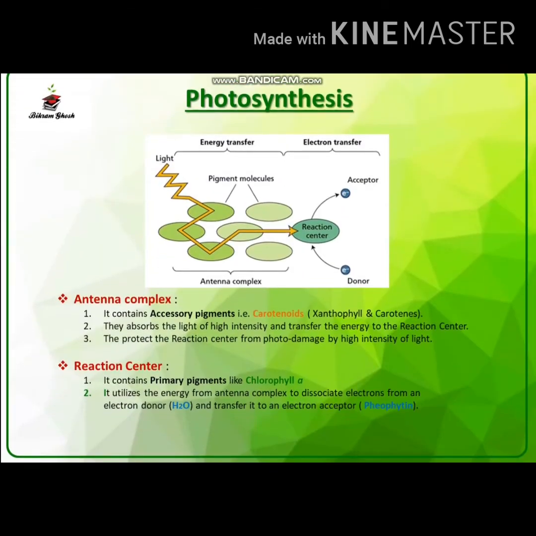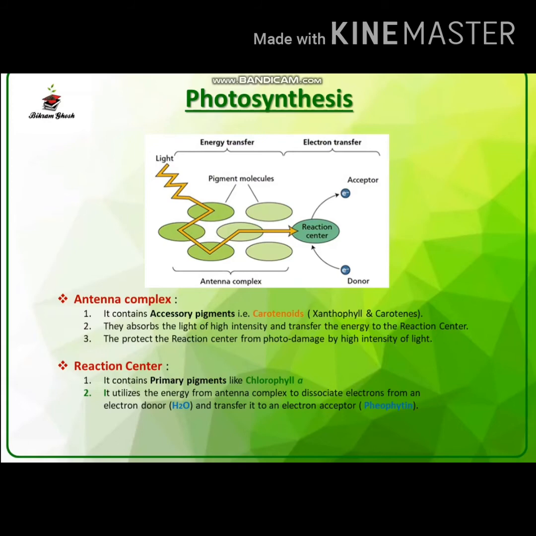So these pigments form a complex structure inside the chloroplast. First is the antenna complex. It contains accessory pigments, that is carotenoids, which contain xanthophyll and carotenes. They absorb the light of high intensity and transfer the energy to the reaction center.